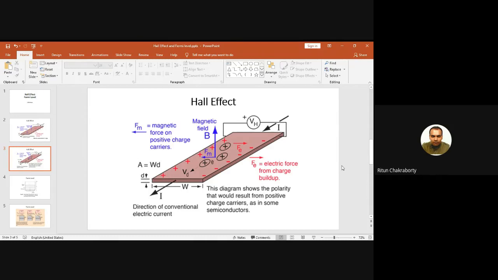Again, you will learn these things in detail if you study condensed matter physics as an elective subject in third semester. Strong field limit means the magnetic field is very strong, so the value of omega c tau will be much greater than 1.